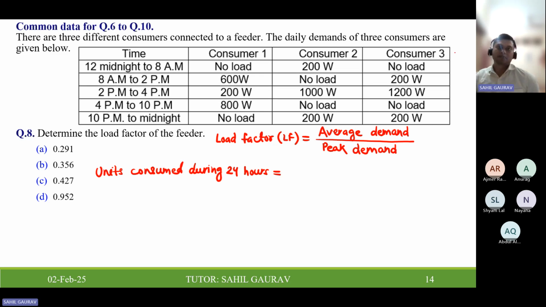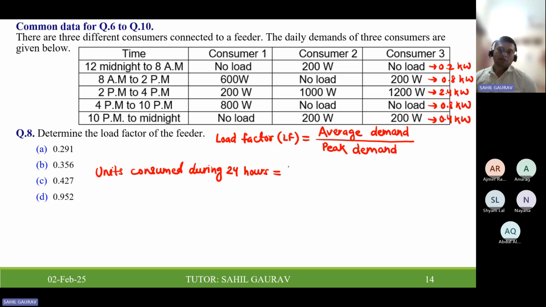Here we have found 0.2 kilowatt, here 0.8 kilowatt, here 2.4 kilowatt, here 0.8 kilowatt, and here 0.4 kilowatt.